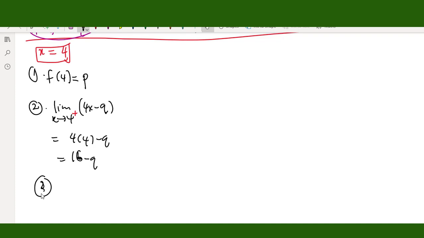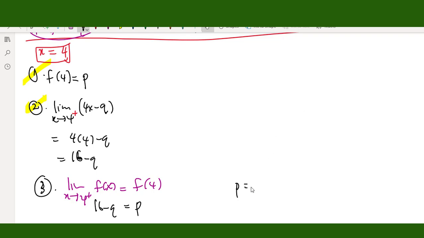The third step: number 2 equals number 1. Since f is continuous for all values of x, the limit as x approaches 4 from the right of f(x) is equal to f of 4. This one f of 4 is p, and this one is 16 minus q.